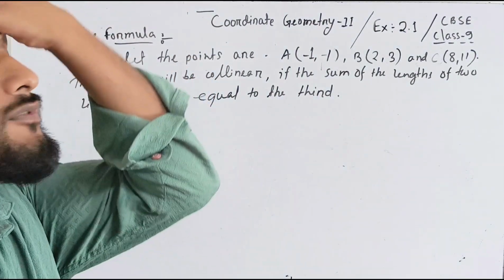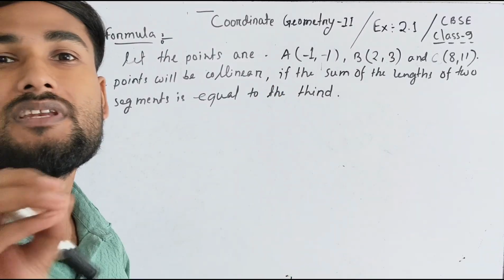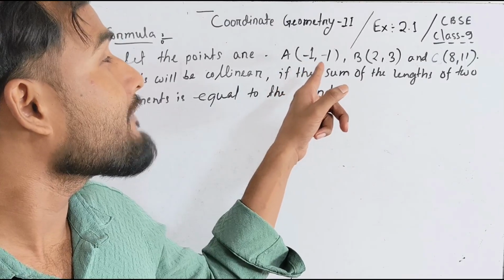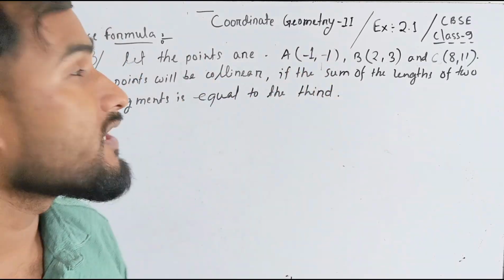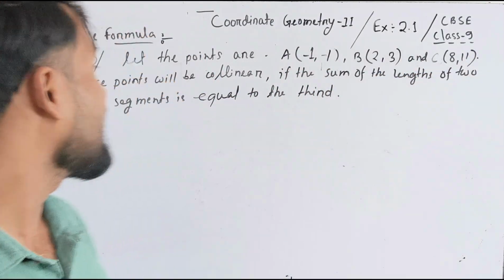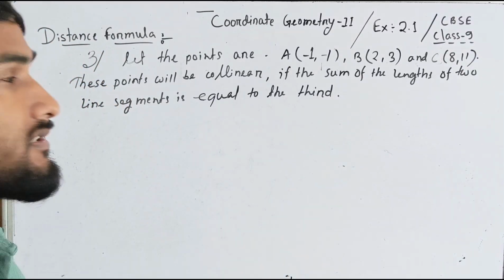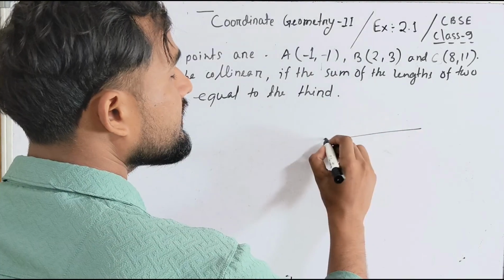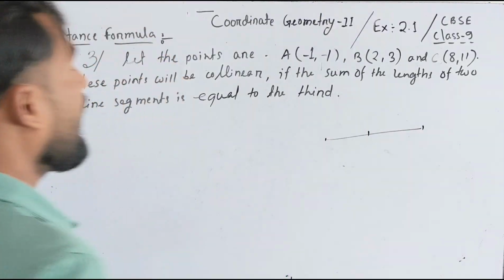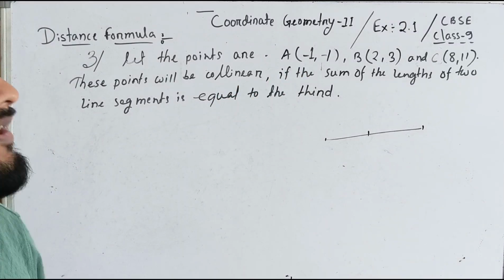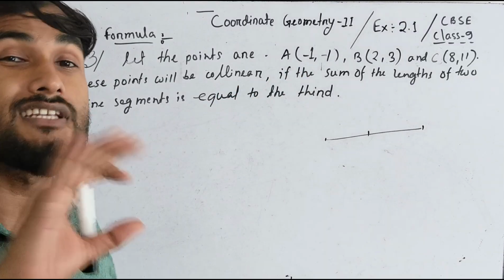Given 3 points, we have to suppose the points to be denoted by A, B and C. Let the points be A -1, B 2, 3 and C 8, 11, and we have a condition. Suppose here is a line. How shall we prove that the points are collinear? We have to find out with distance formula.